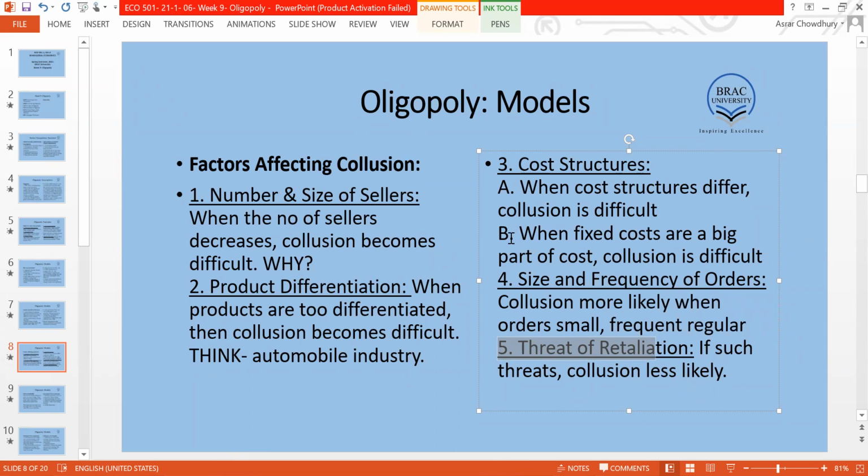Correct. Acha, another one is, if a firm has a huge fixed cost, then the firm doesn't have an incentive to collude. Why does that happen? For example, fixed cost is very high and it's an oligopoly. How can I give an example?